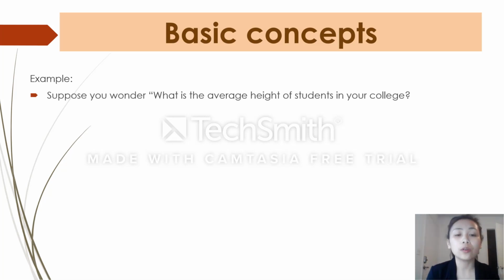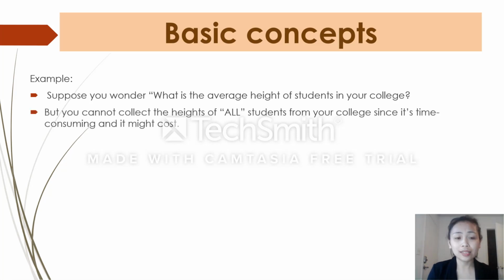Suppose you wonder what is the average height of students in your college, and assume that your college consists of around 10,000 students. 10,000 is a very big number. You cannot go to each student one by one to ask about their height.